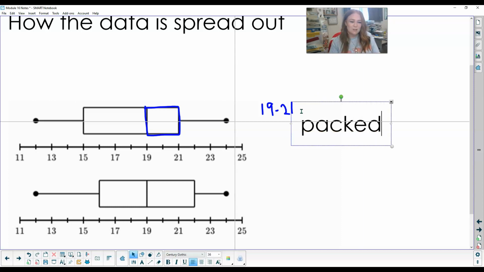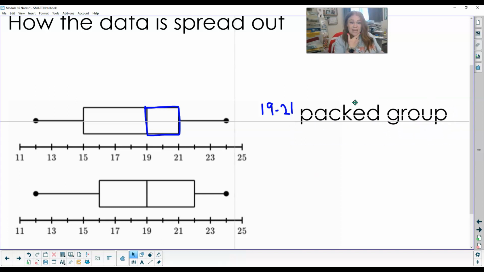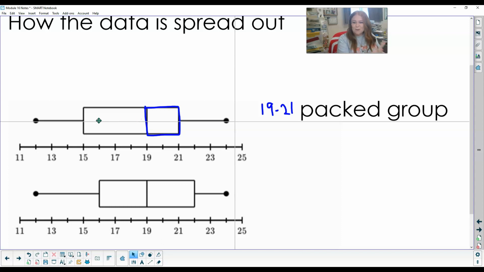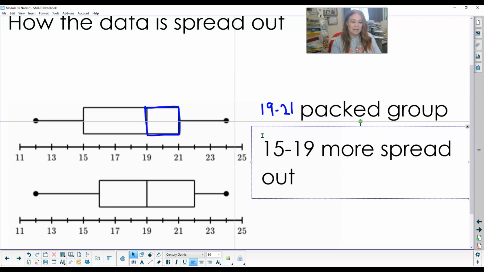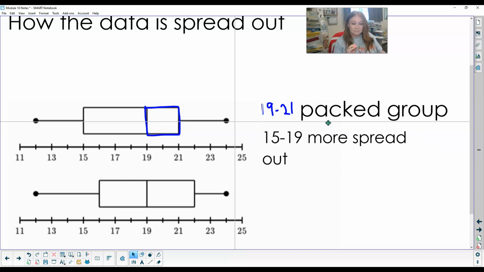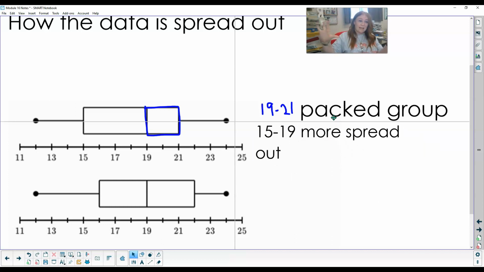So from 19 to 21, you've got a packed group. And because this is more spread out, from 15 to 19 is more spread out. So we can see that there. So it's just telling us how is our data? Where are our groups here?